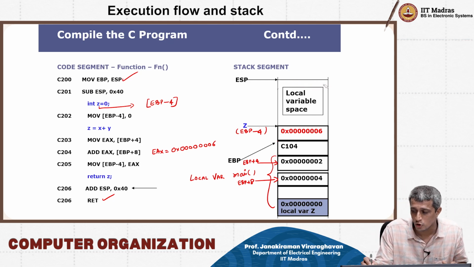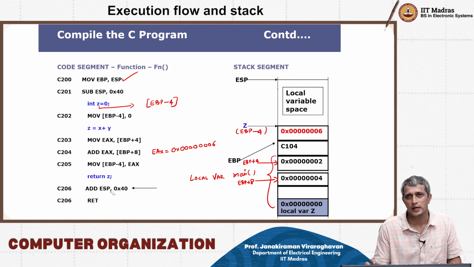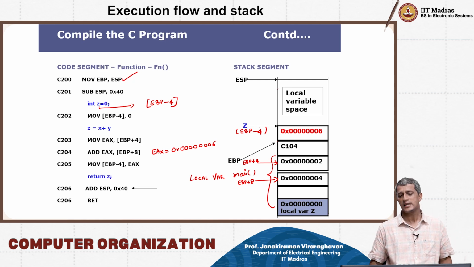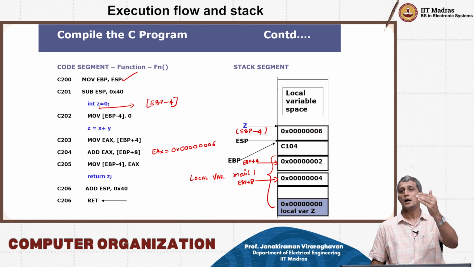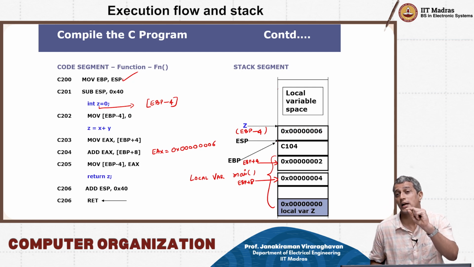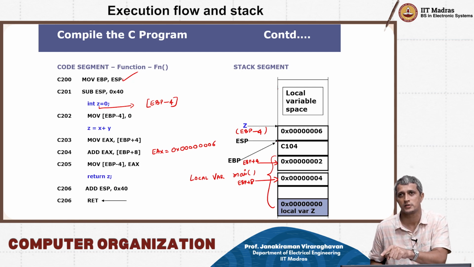So you must be careful about this, and you cannot just blindly do a ret. You have to undo the subtraction operation on ESP by doing add ESP comma 0x40, bring ESP back to the top of stack where it was before it entered the function. That is where the return address C104 is.